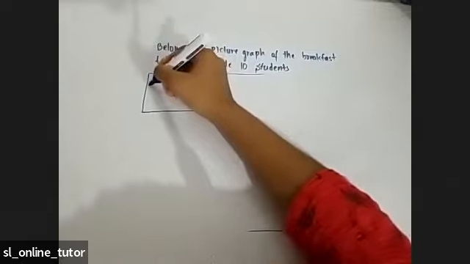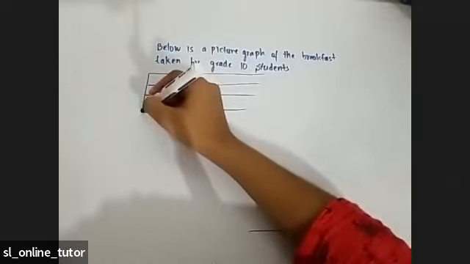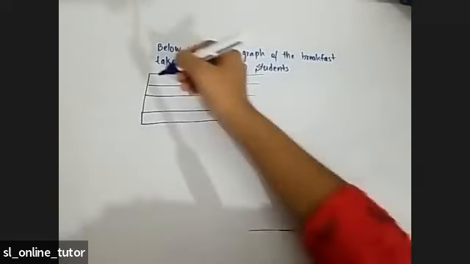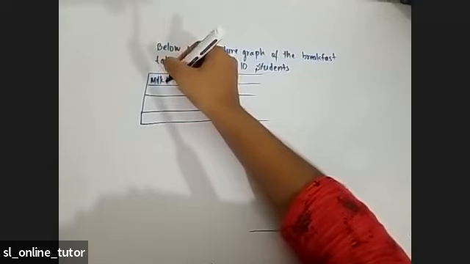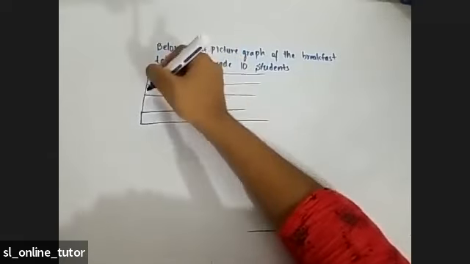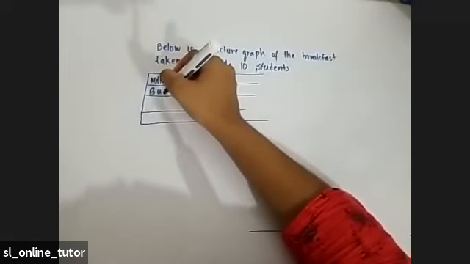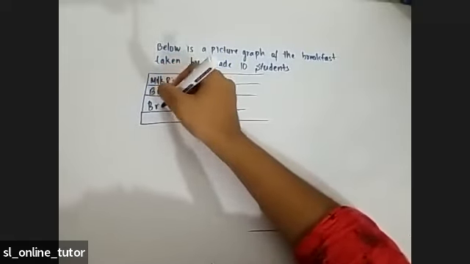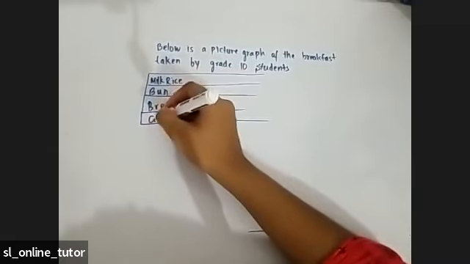So we'll take around 4 types of foods. We'll start with milk rice. What else? Bun, bread, some common foods. And we'll take something healthy, grains.